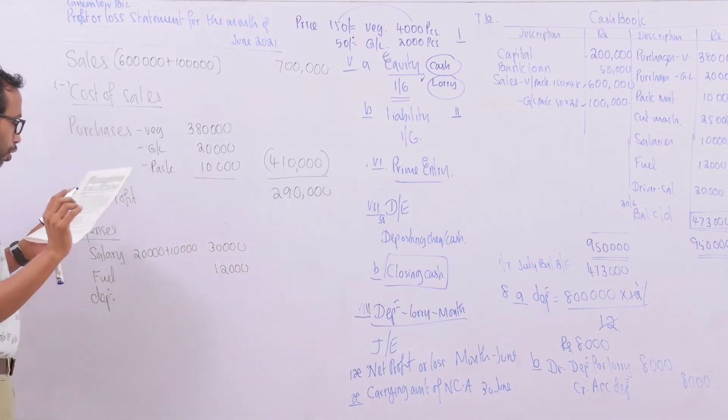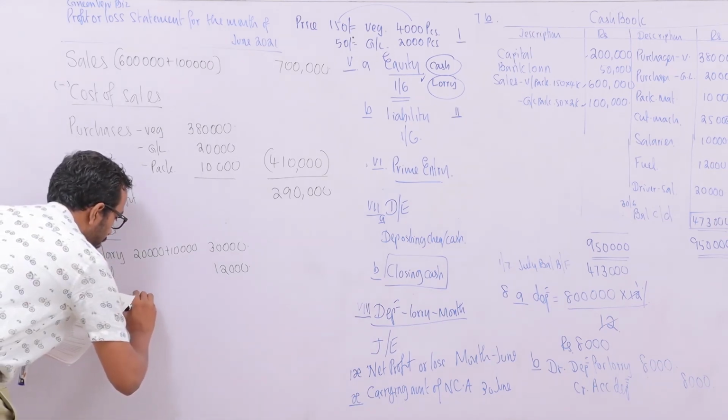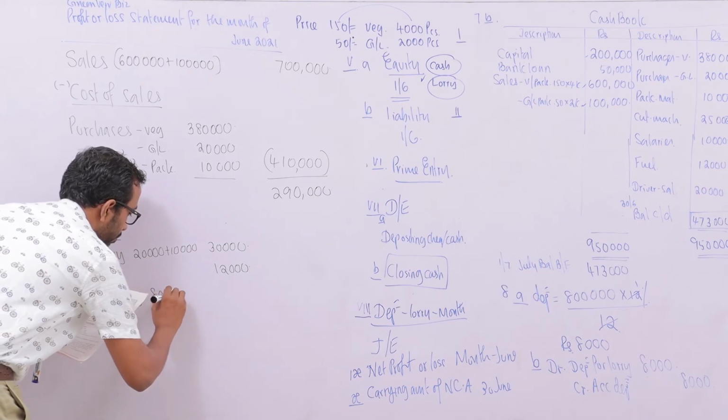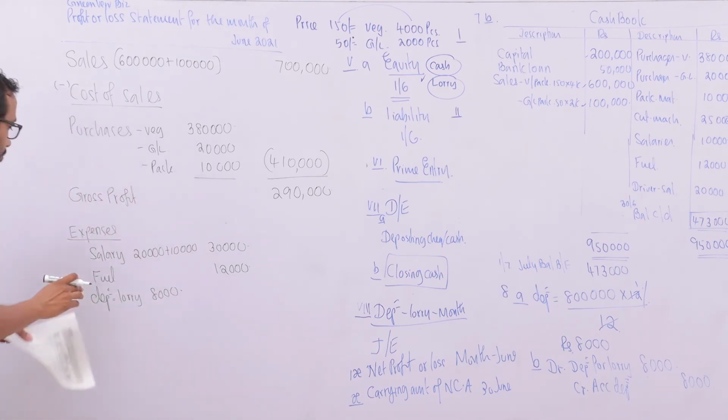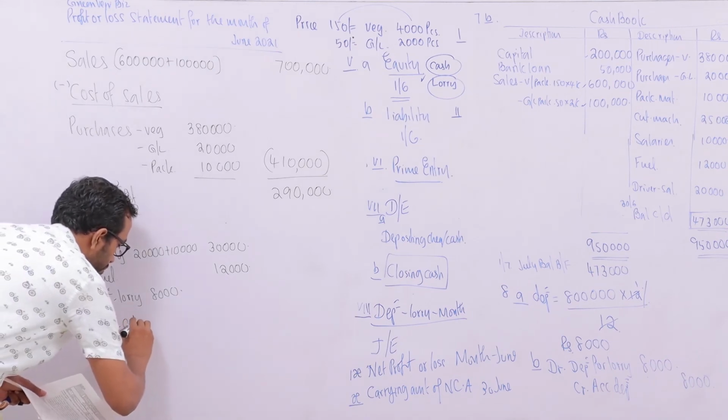You have 2 sorts of depreciation. One is for lorry, that is already done, 8,000, and depreciation for cutting machine.